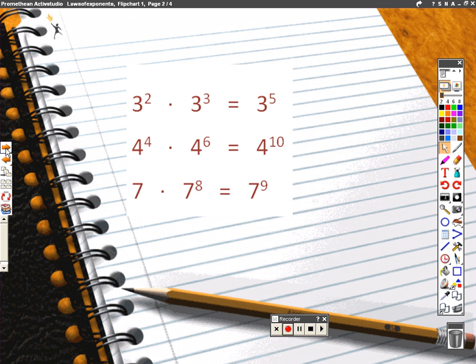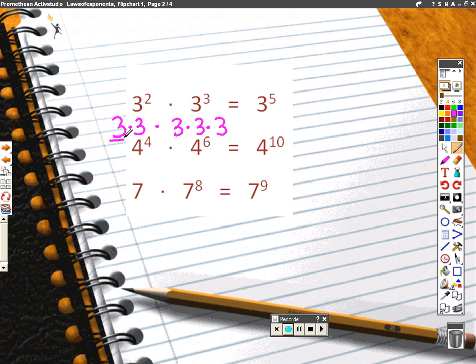Okay, let me see if I can make the pattern stand out a little more. 3 to the second, you know that as 3 times 3. And 3 to the third is 3 times 3 times 3.